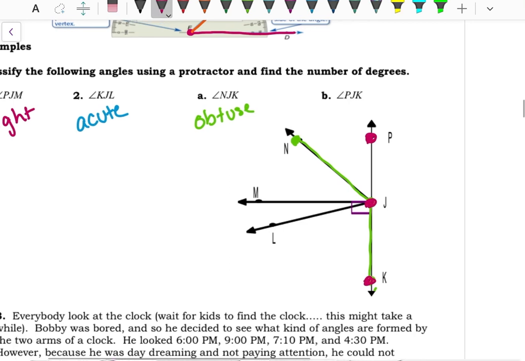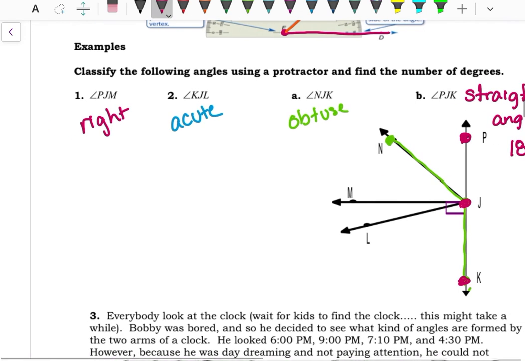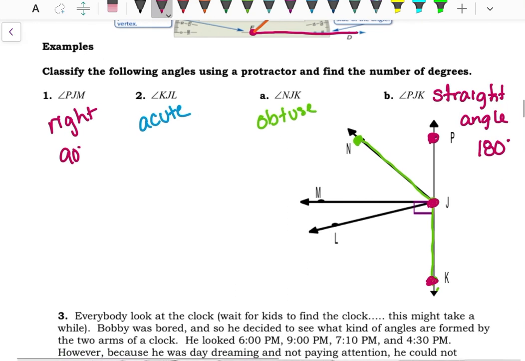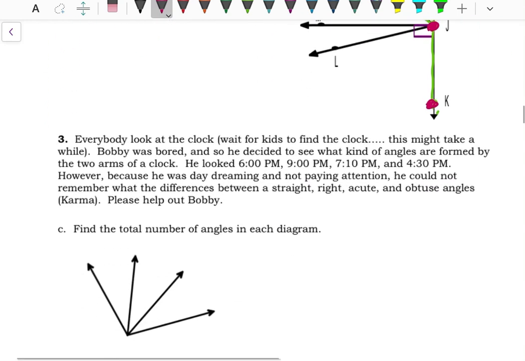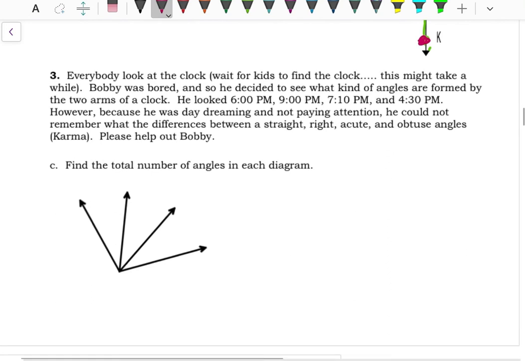That is a straight angle, and that would be 180 degrees. So we can identify that one as 180 degrees, and we can identify the right angle as 90 degrees as well, because right angles and straight angles, we automatically know their measurements. It's just the acute angle and the obtuse angle that we would have to measure on a protractor.